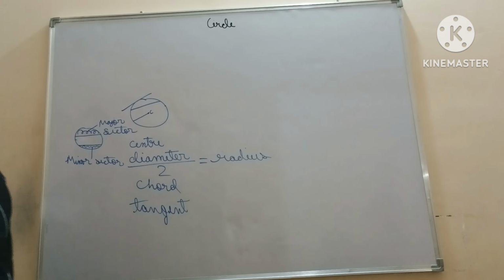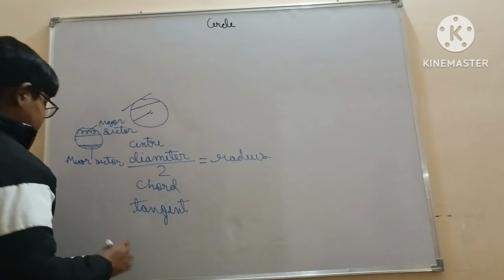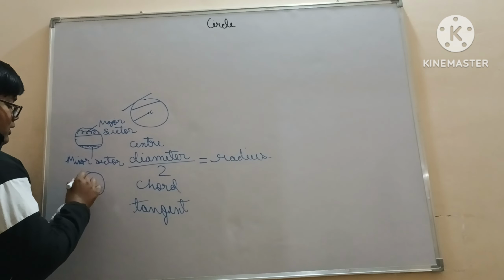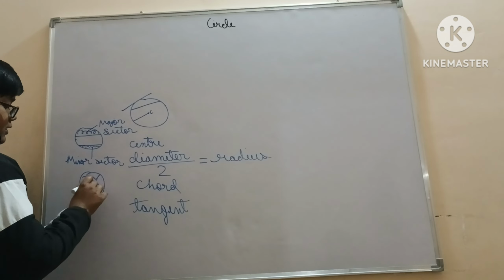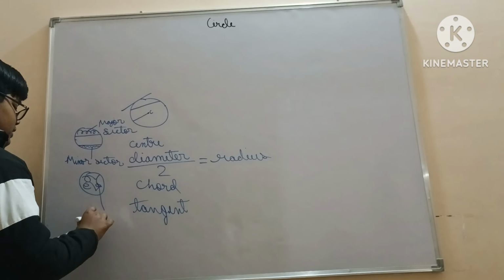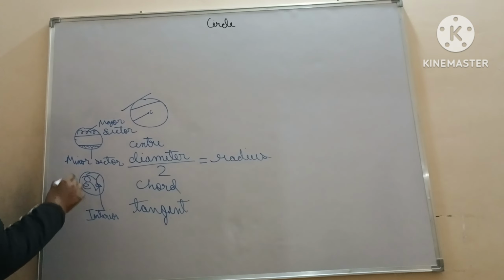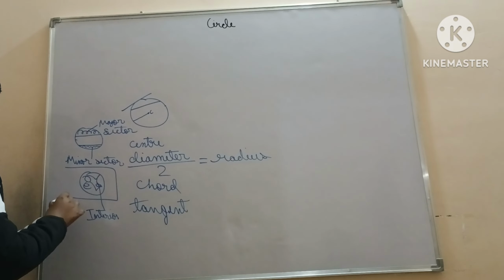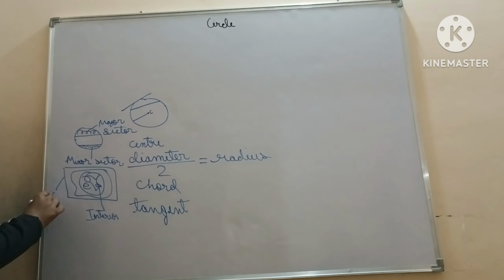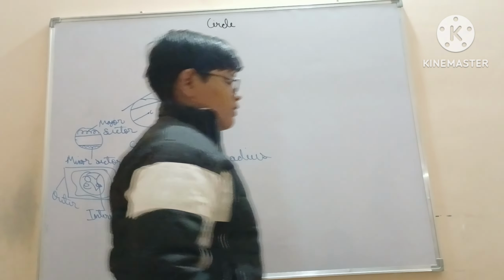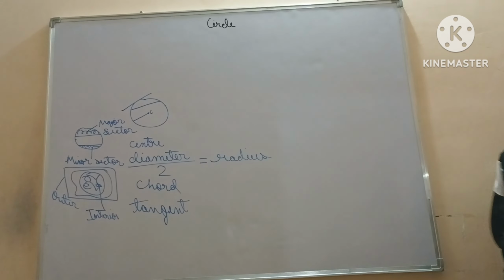Now, if we talk about a simple circle, the inner area which it covers is known as the interior of the circle, and the outer area in which the figure is enclosed is known as the exterior of the circle.